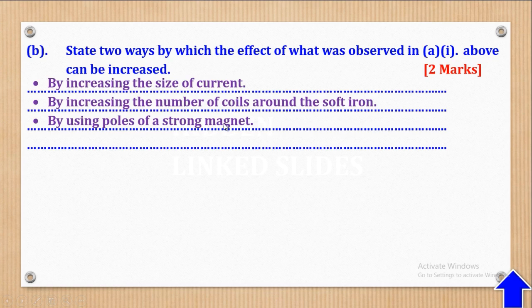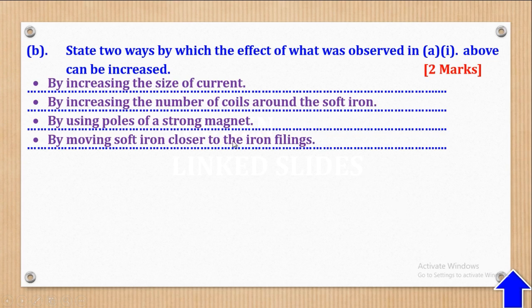When you use poles of a strong permanent magnet, it means that the magnetic field strength will be increased. Then also by moving the soft iron closer to the iron filings. The closer the iron filings, the greater the effect of the magnetization force of the soft iron.